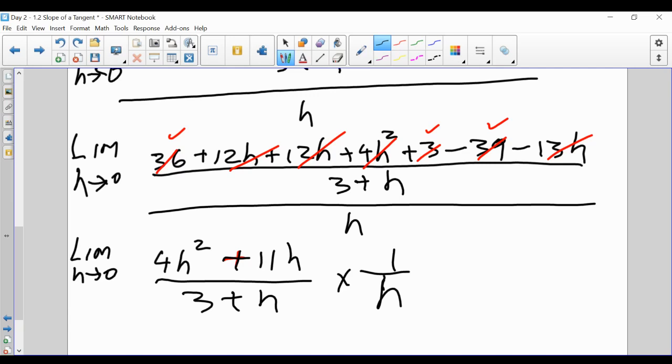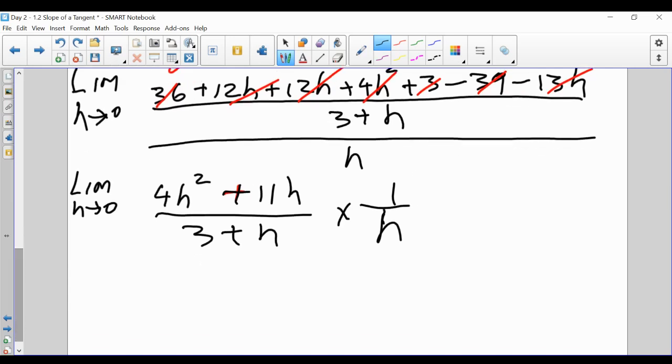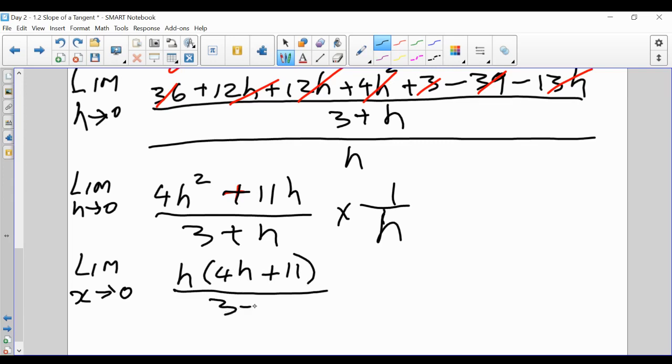So let's keep going. What I'm going to do now is factor the h out of the top of this. So the limit as h approaches 0, I'm going to factor the h out of the top. So that's h, and I'm left with 4h plus 11 over 3 plus h times 1 over h.